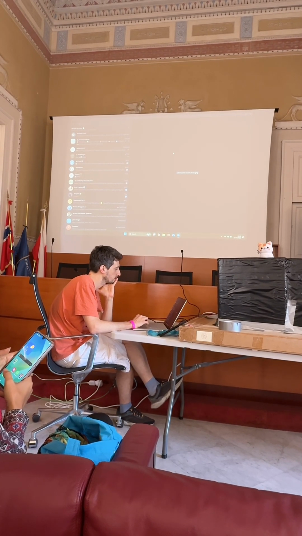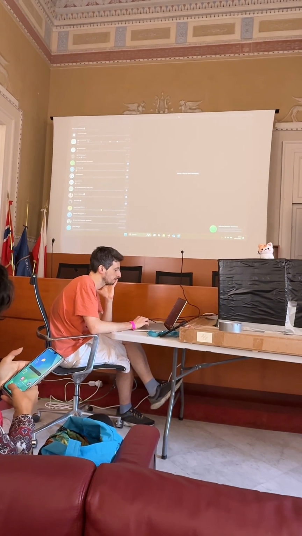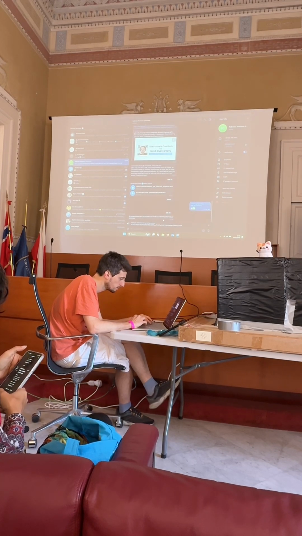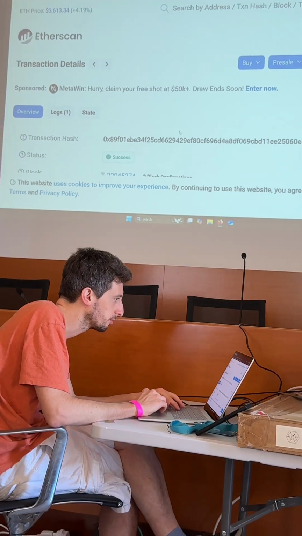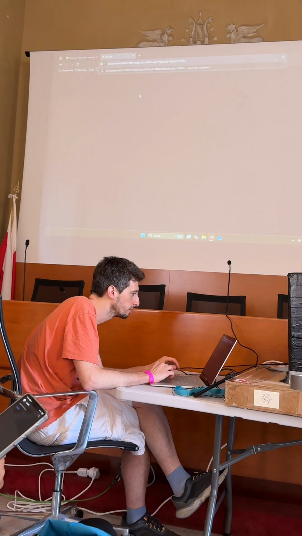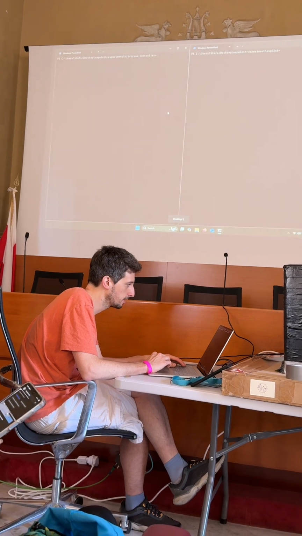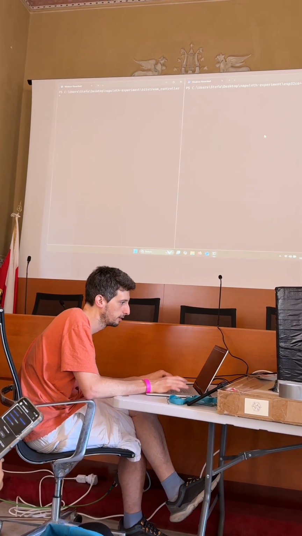So I'm copying the hash and pasting it on Telegram. Perfect. Okay, so I'm going to keep it here for safekeeping purposes. All right. So these are the two windows that I will use to pass.